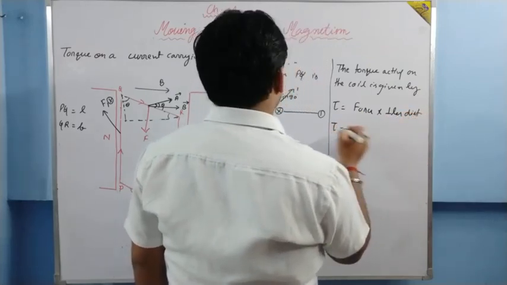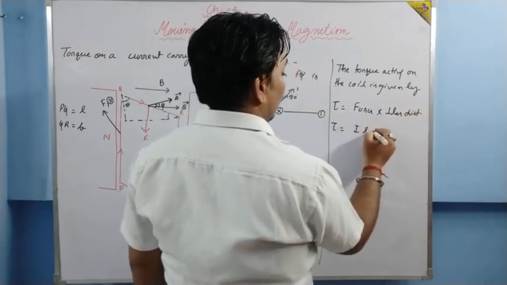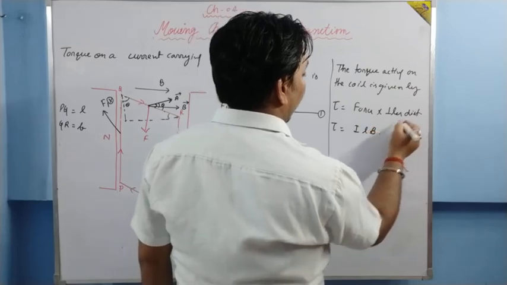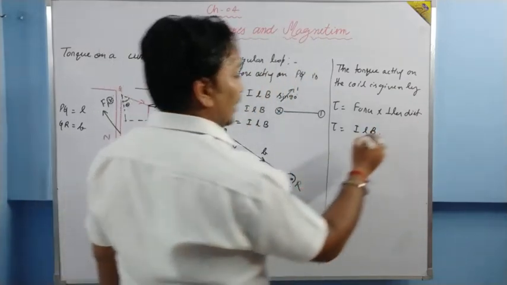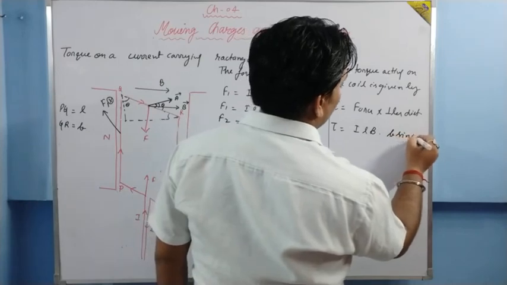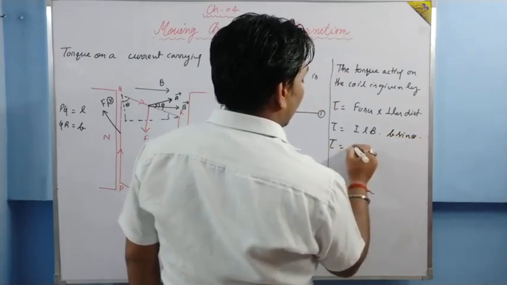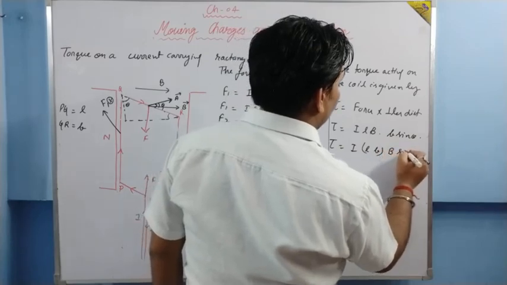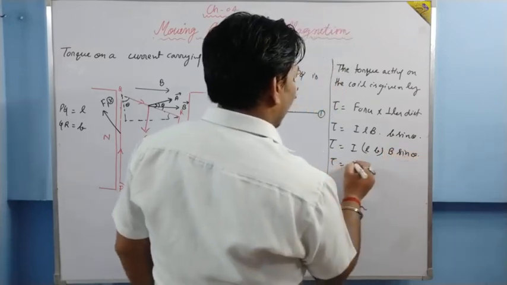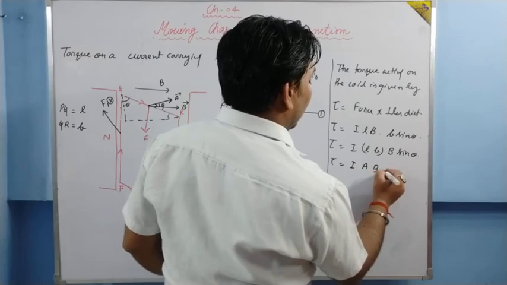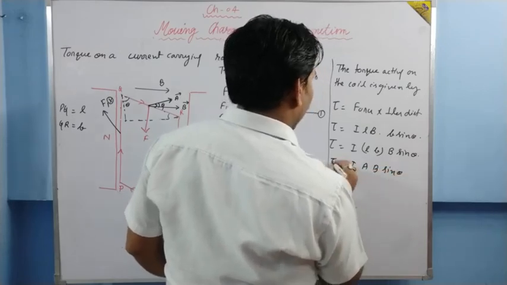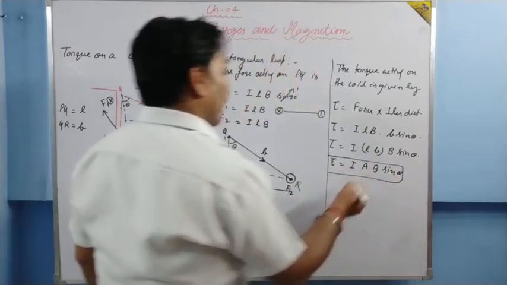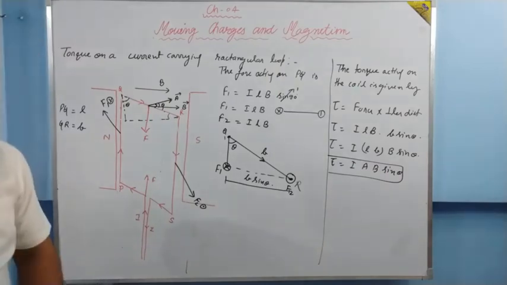Now what is the force? Force is ILB. And what is the perpendicular distance? It is B sine theta. Torque will be equal to I into L into B, capital B sine theta, or torque can be written as IAB sine theta, where A is the area of the coil.